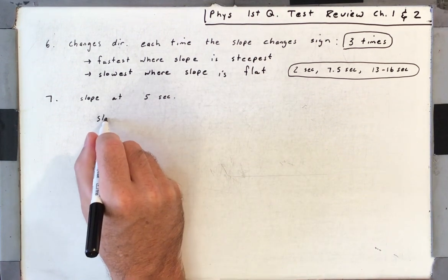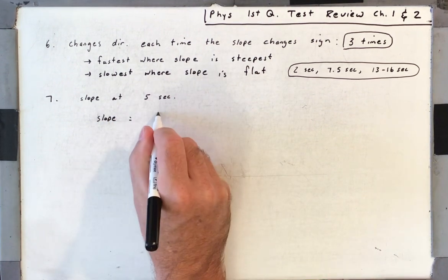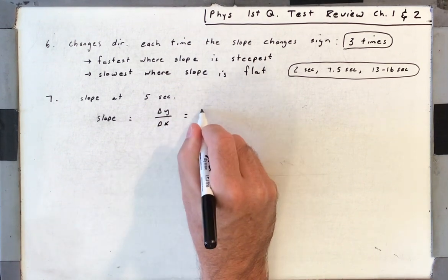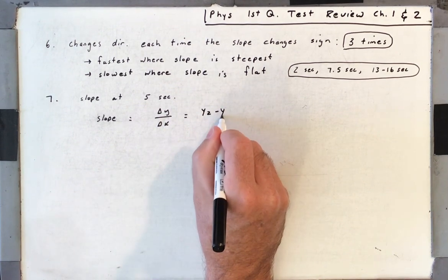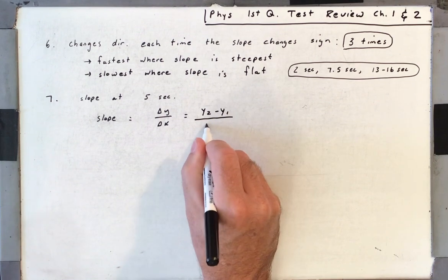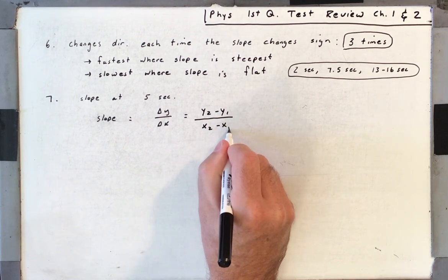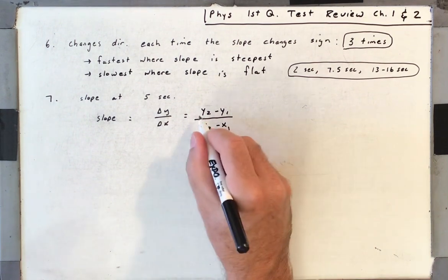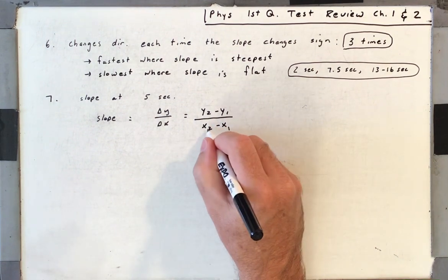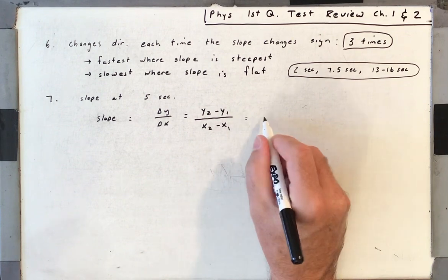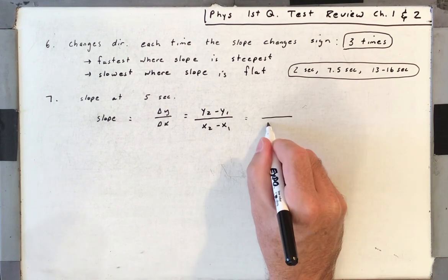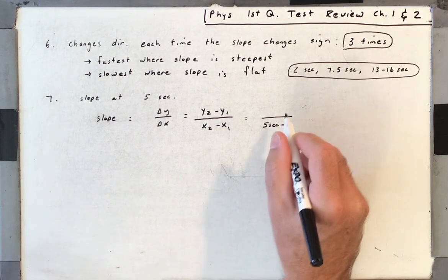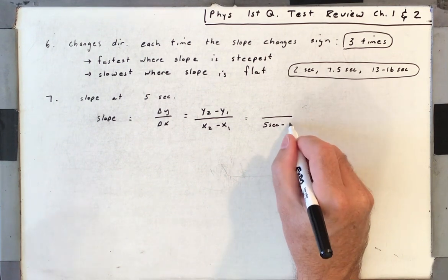So slope is equal to the change in y over the change in x. That's y2 minus y1 over x2 minus x1. Now, y is the position, so position 2 minus position 1 over time 2 minus time 1. Time 2 minus time 1 is going to be 5 seconds minus 2 seconds, because that's where we can read the graph.